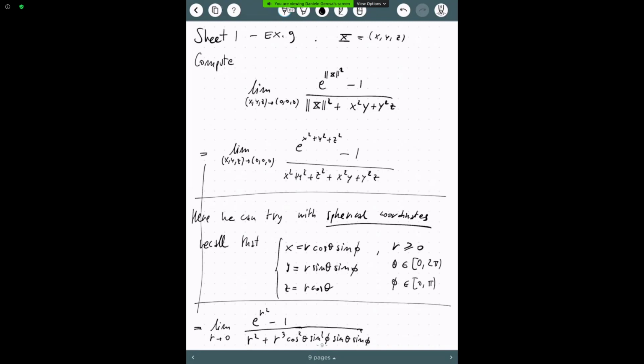And then you have again plus r to the power of 3, we have sin squared theta, sin squared phi and cosine theta.